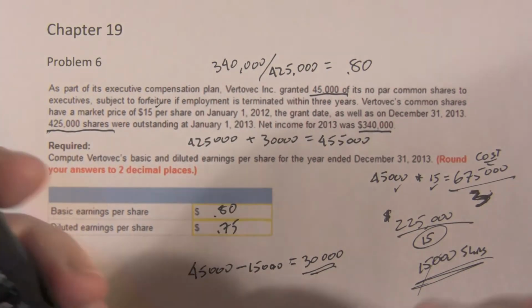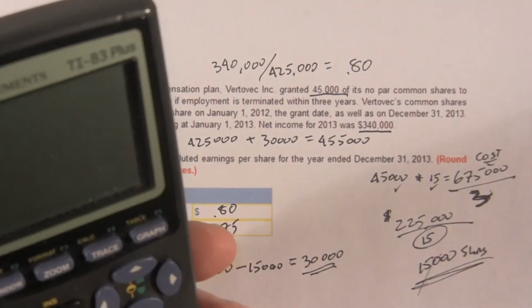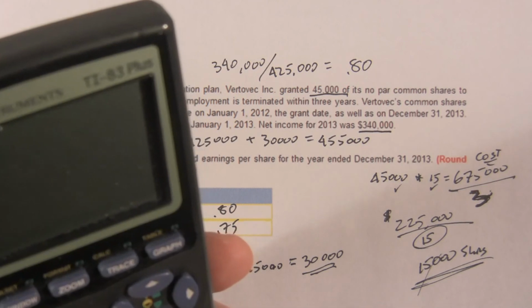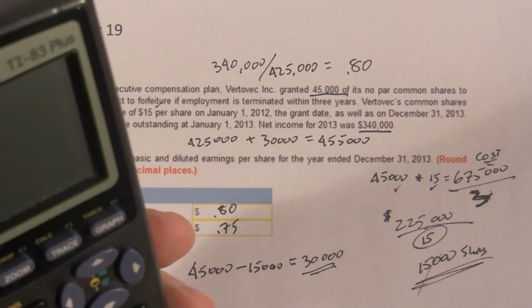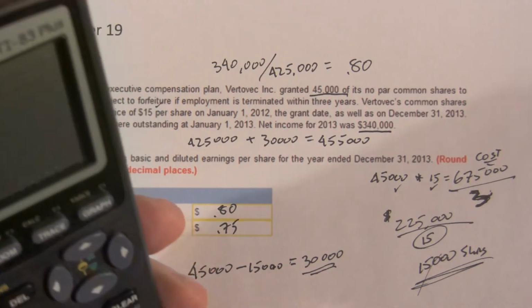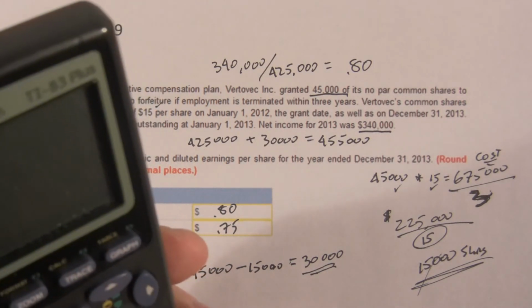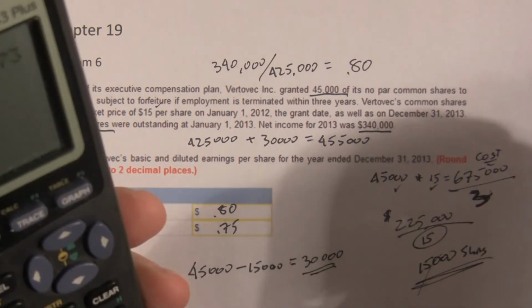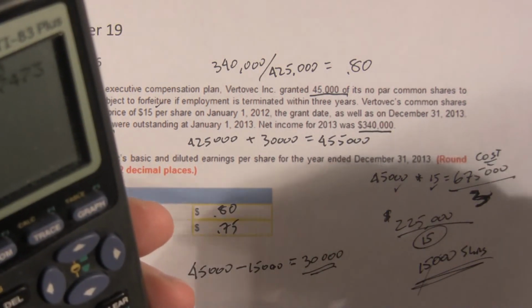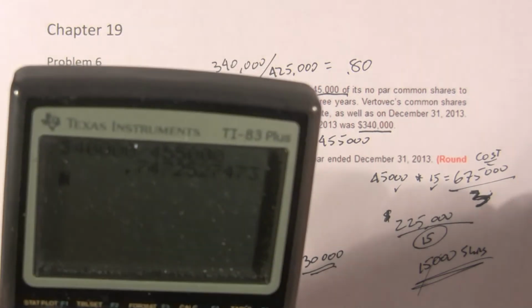And mine looked weird because I left off some numbers. Let me give you the real number. We had 340,000. Divide that by 455,000. And we come up with 74.72 cents per share.